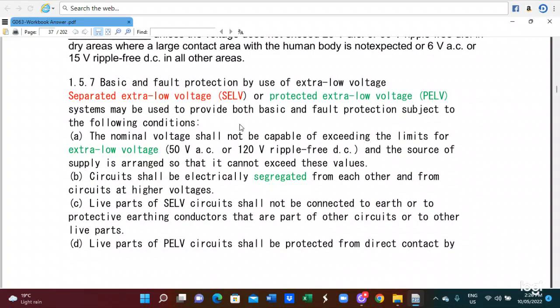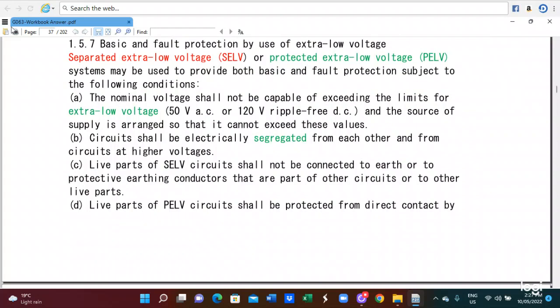The SELV or PELV system may be used to provide the basis for protection subject to the following conditions. The nominal voltage shall not be capable of exceeding the limits for extra low voltage, 50 volt AC or 120 volt ripple-free DC, and the source of supply arranged so that it cannot exceed the value.